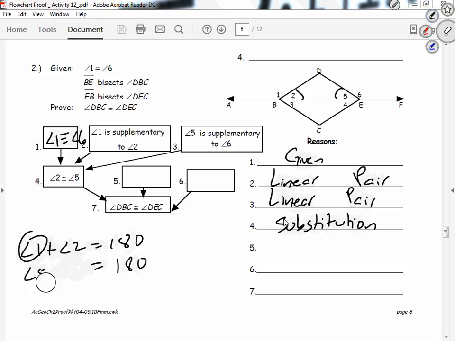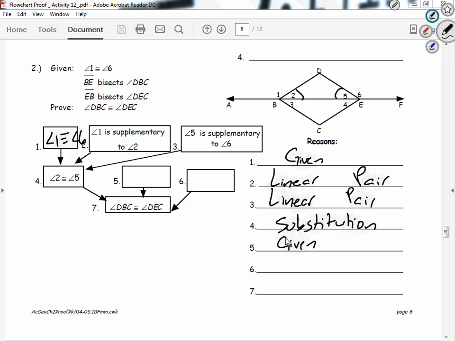Alright, so 4 was easy. Number 5, notice how that statement doesn't have an arrow before it. So my reason for number 5 will be given, and I'm going to say number 6 will also be given. I'm going to write two statements, both of them are given.